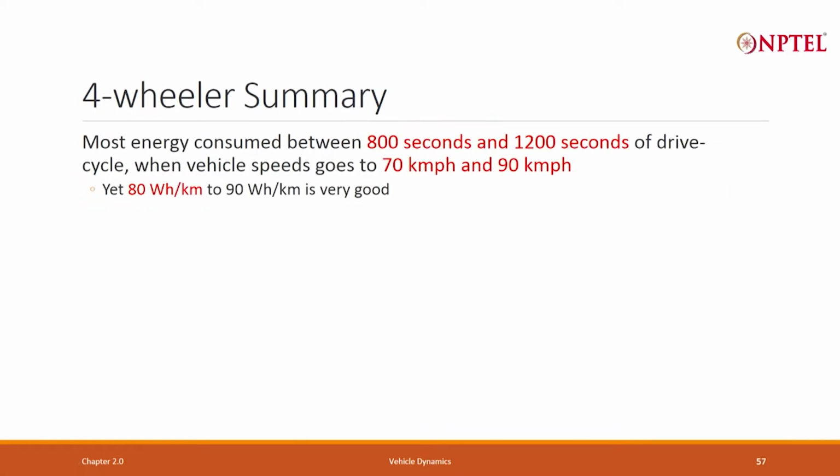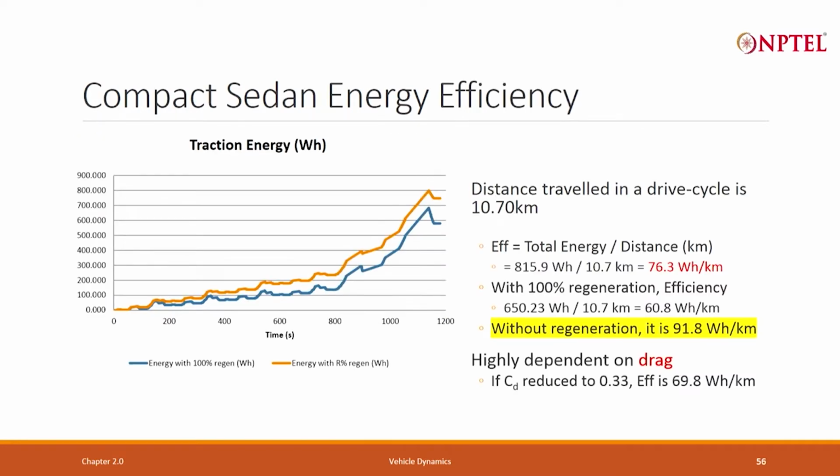So, if I summarize my 4-wheeler, most energy is consumed between 800 seconds and 1200 seconds. In fact, that is what you see. The energy consumed till 800 seconds is not very large. Most of the energy is consumed here. Now, between 800 seconds and 1200 seconds, what is happening?